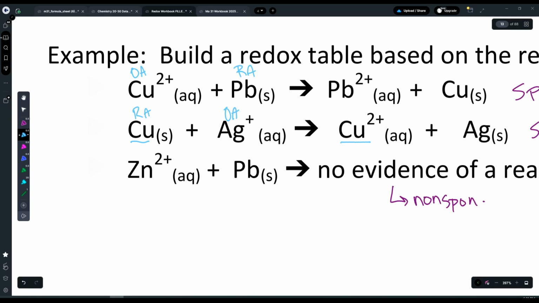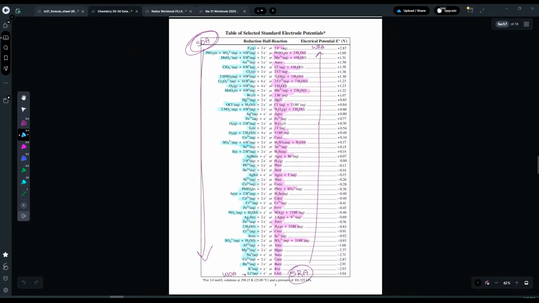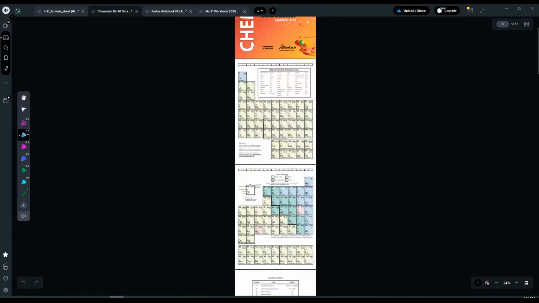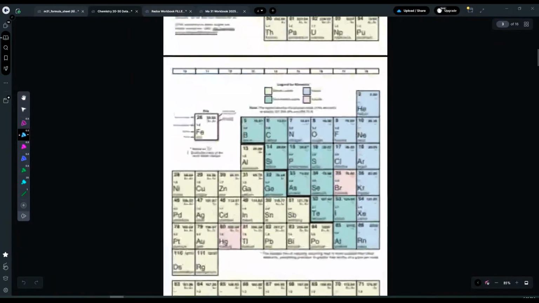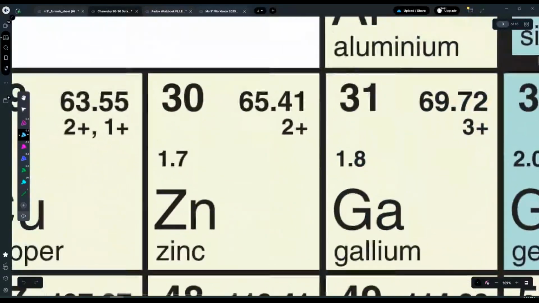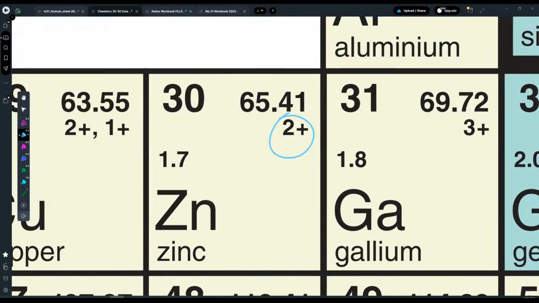Okay, for the next one here, zinc 2+, and we have lead. So zinc 2+, if we look at our periodic table, zinc is right here. If zinc is going to have a charge, it's going to have a 2+ charge, right?